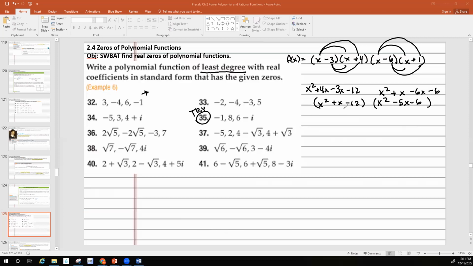And now we can multiply these trinomials. So same thing, you just want to multiply each of these by each of those terms. So we have x to the fourth, x squared times negative 5x is negative 5x cubed, and x squared times negative 6 is negative 6x squared.